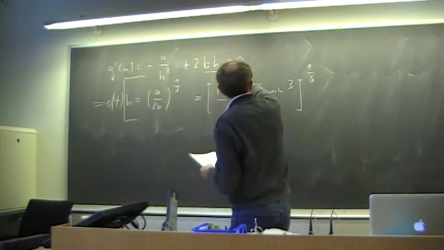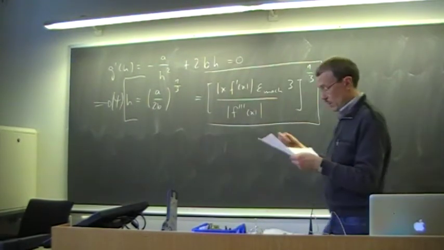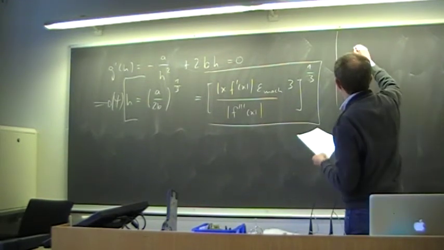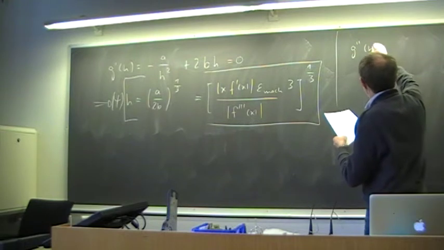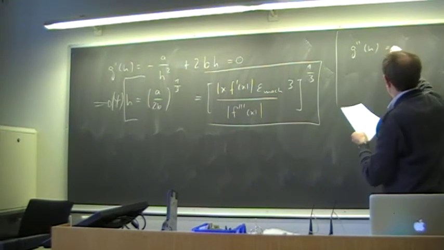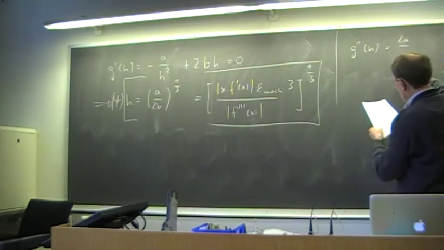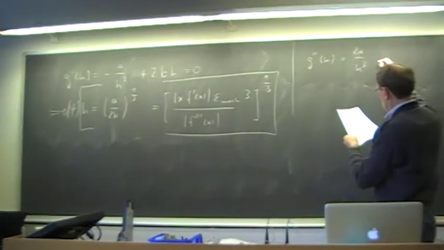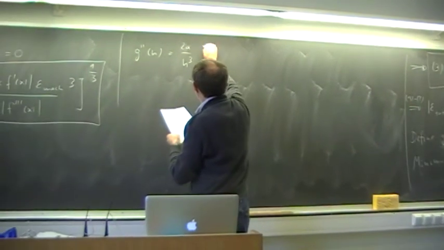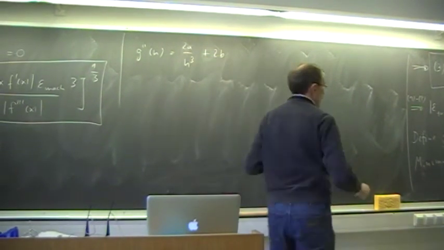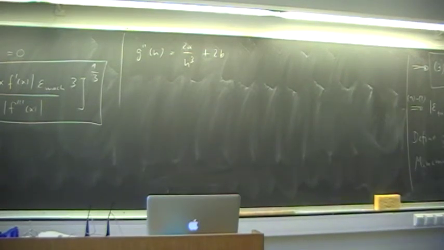Here we just have to check that it is a minimum. So the second derivative of g with respect to h is 2a divided by h to the power 3 plus 2b. And a and b are greater or equal 0, so we assume that they are not both 0 at the same time, because x could be 0 or f prime could be 0.